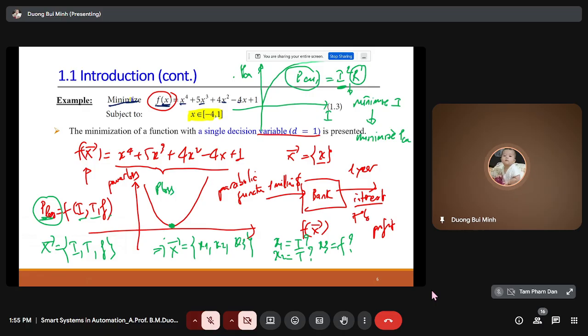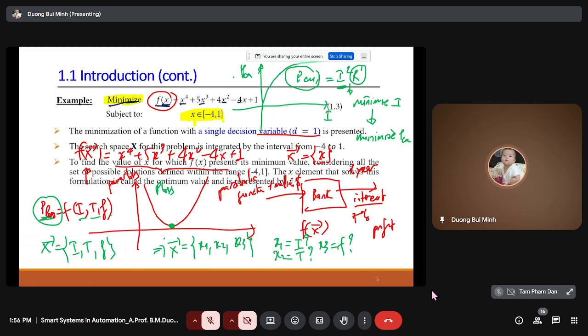We find the minimum value of f(x) within this limit of the variable. So how can you get the answer?